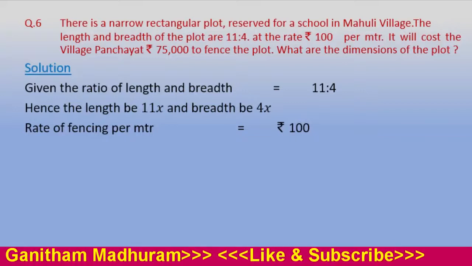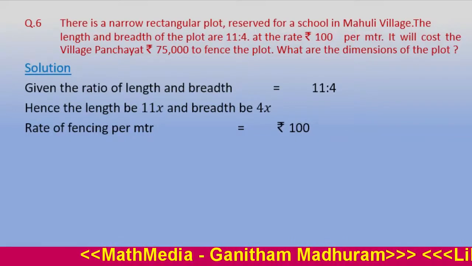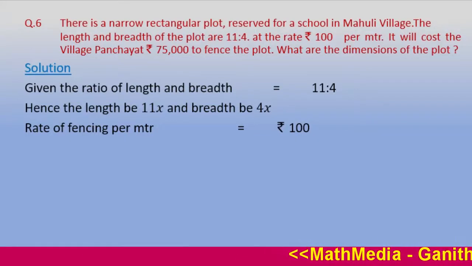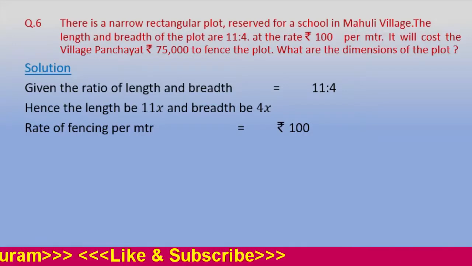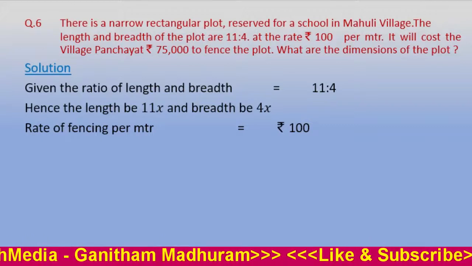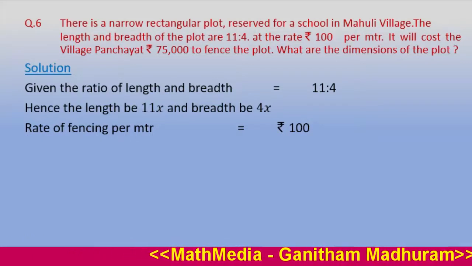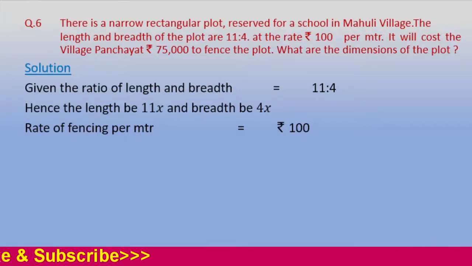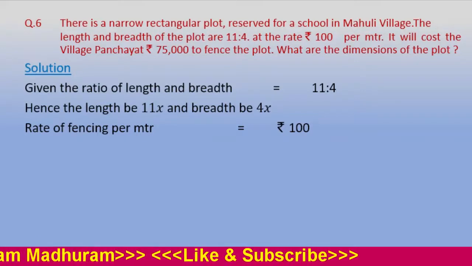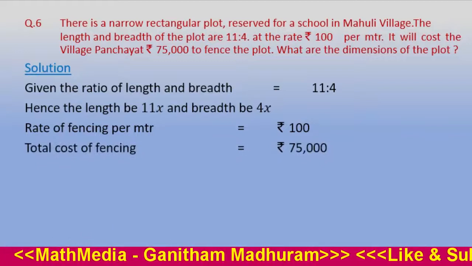When we find the fencing, it means we have to find the perimeter of the plot. If we want the length of fencing, then we have to find the perimeter of the plot.